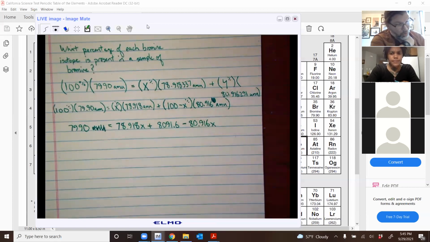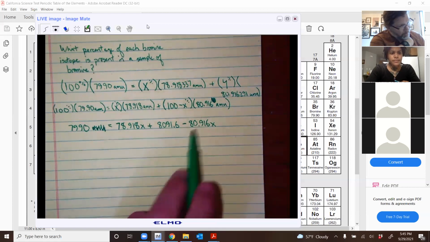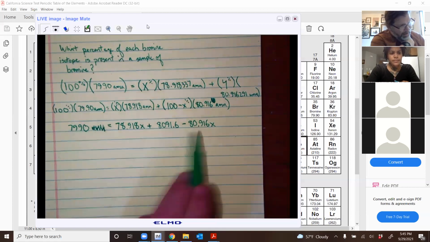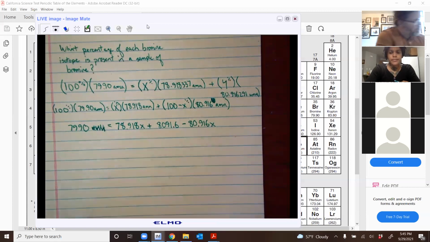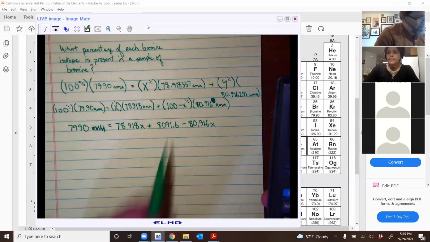And then I'm going to group my like terms. I'm going to do that by moving both of the x terms over to the left, which will make a positive x term for me. And I'm going to move this term over to the right.